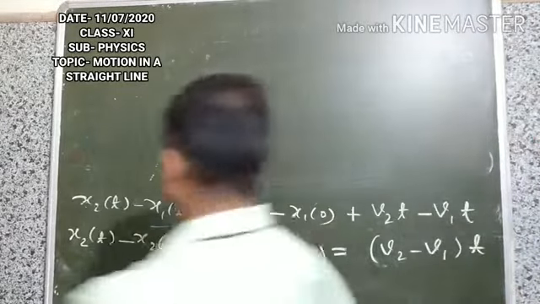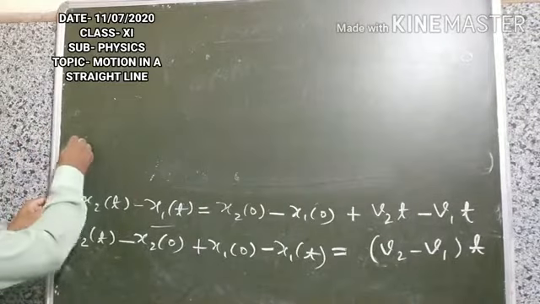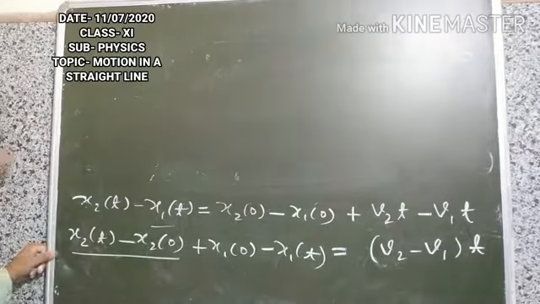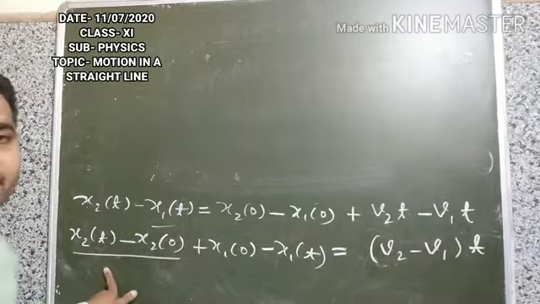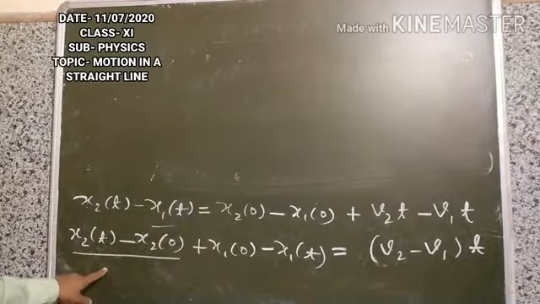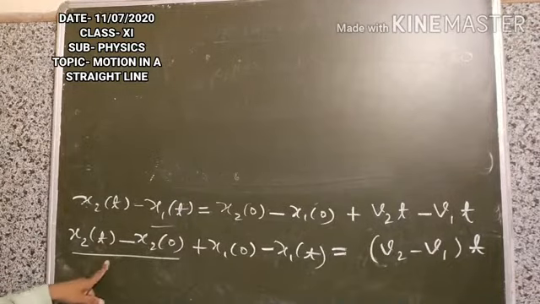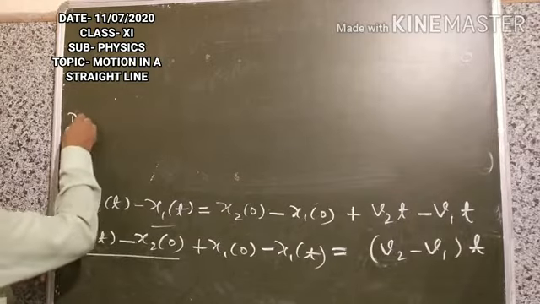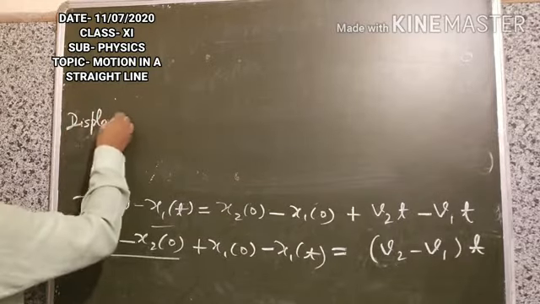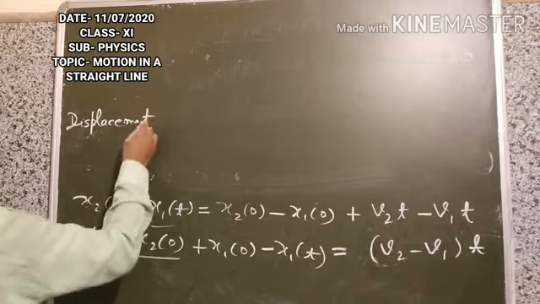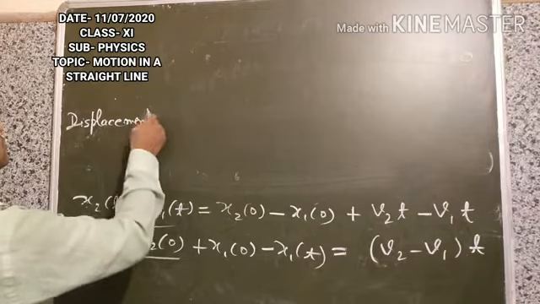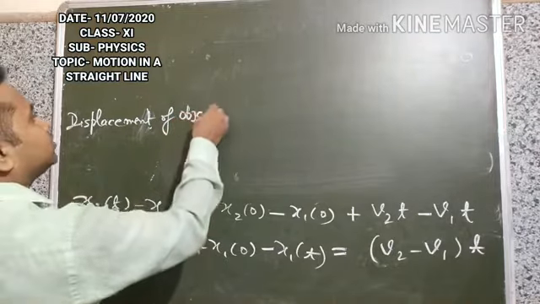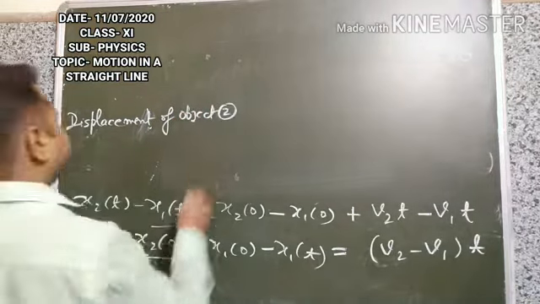Now let's see the next step. x2t minus x20, what is this? x2t minus x20 is the displacement of object 2 in time t.